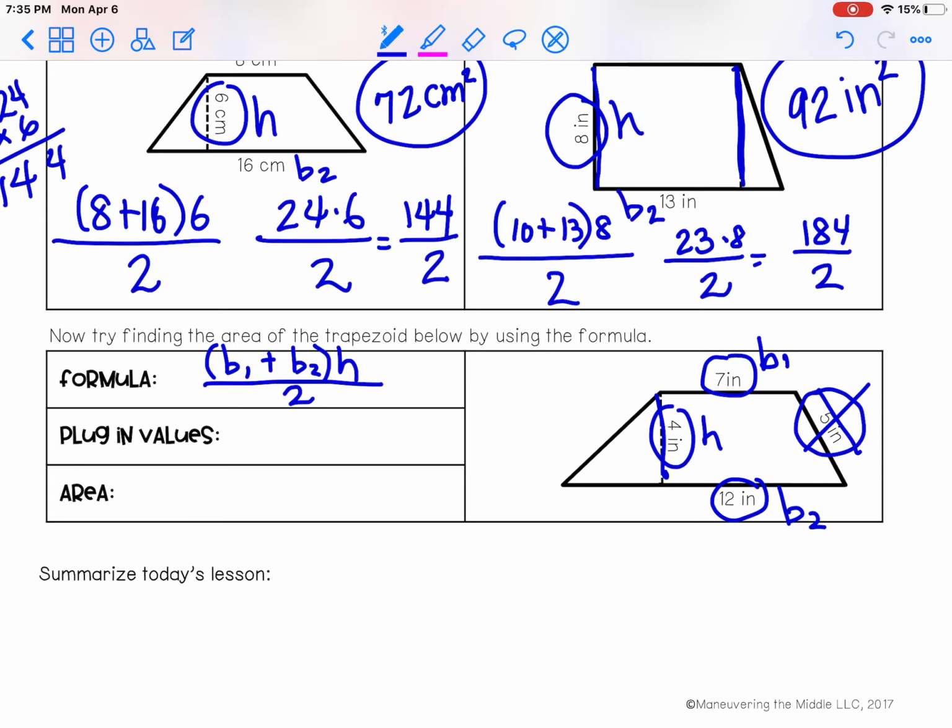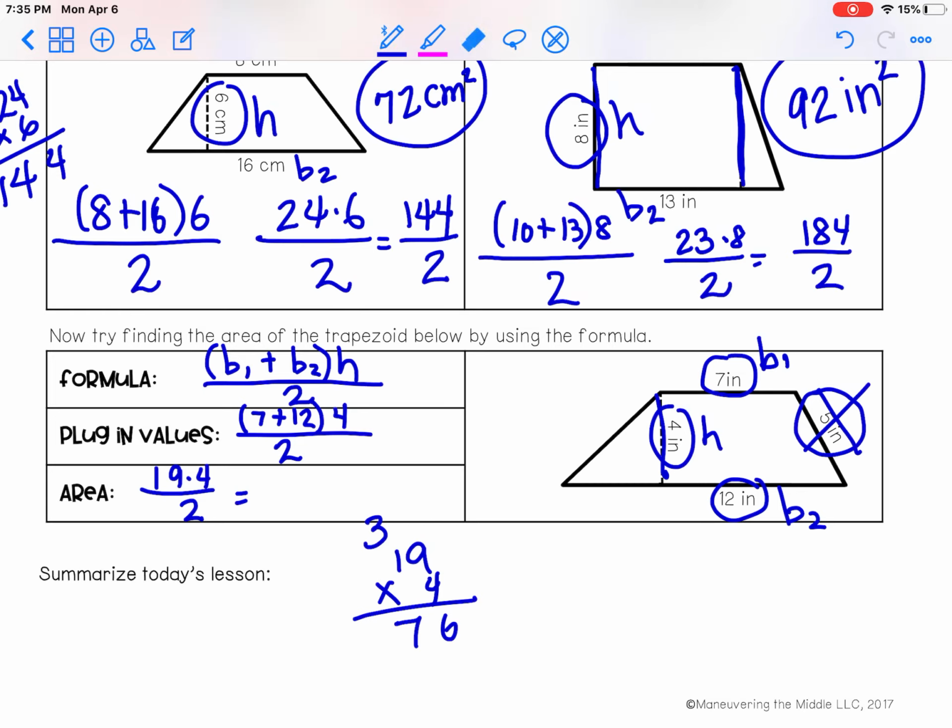All right, so plug in the values. B1 is 7 in this case. B2 is 12. The height is 4. And then we'll divide that all by 2. So 7 plus 12 is 19. 19 times 4 divided by 2. I don't know my 19, so I'm going to do this. 19 times 4. 4 times 9 is 36. 4 times 1 is 4, plus 3 is 7.